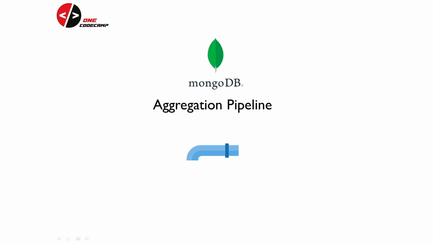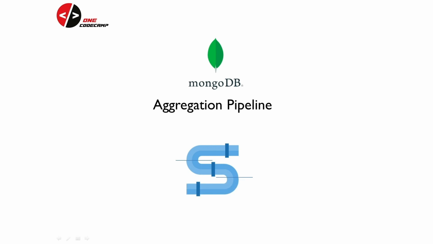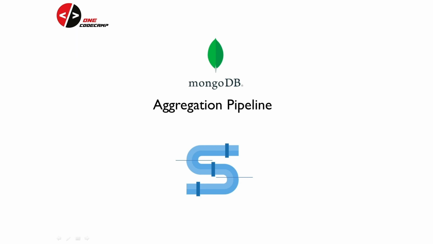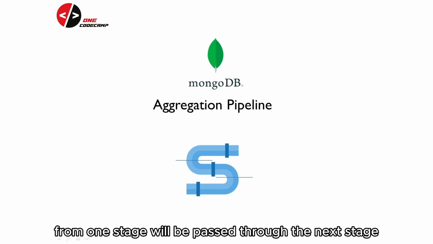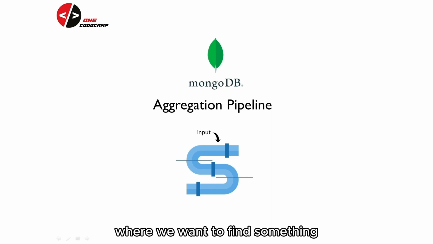Aggregation pipeline consists of one or more stages that process documents. Each stage performs an operation on the input documents. The documents that are output from one stage will be passed to the next stage. So, for example, we have a document input where we want to find something.